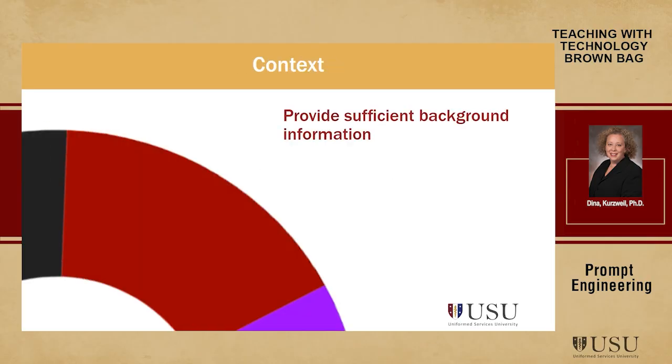So in this slide, we're talking about the context and the need for you to provide sufficient background information so that the AI understands the actual task. So for example, you may want to say a 50-year-old female with a history of hypertension and obesity may be part of that example that we just talked about with diabetes.